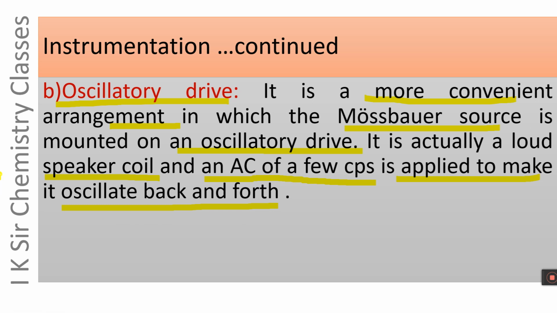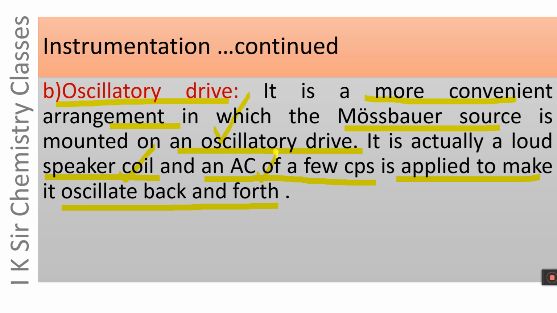Let us see it again. The gamma ray source is mounted on an oscillatory drive, and the oscillatory drive is actually a speaker coil in which alternating current of a few cycles per second is passed.